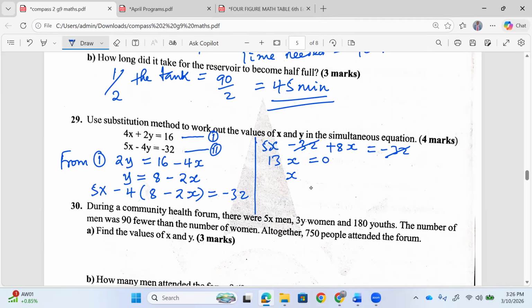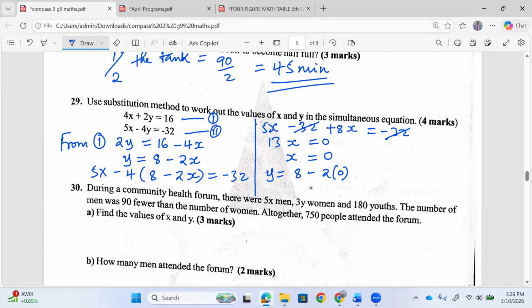We divide through by 13, you will get a 0. 0 over 13, get a 0. So that the value of y now becomes 8 minus 2 into 0. So 8 minus 0, this is 8. So the value of y equals 8. The value of x equals 0. Those are the values of the unknowns according to the equations that we have.